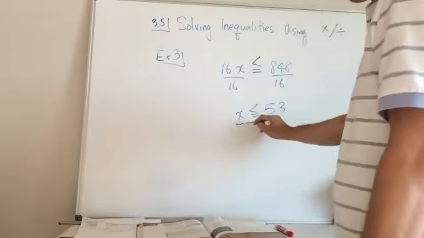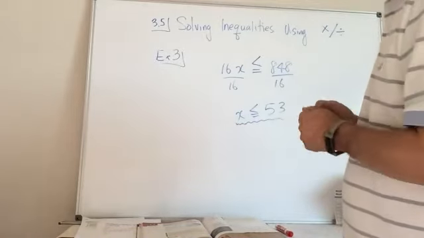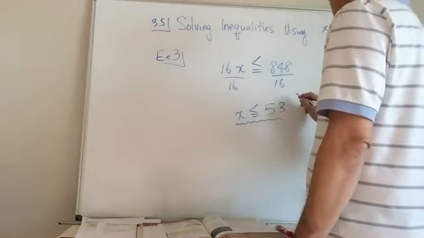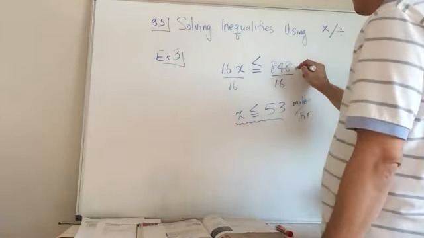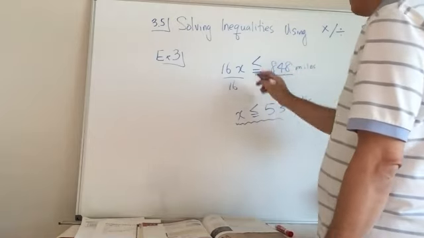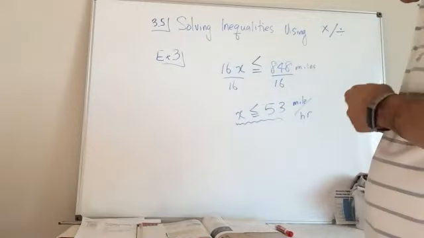So this is your answer. X is less than or equal to 53 miles per hour. Miles per hour, because this is miles and this was hours, and I divided by hours.